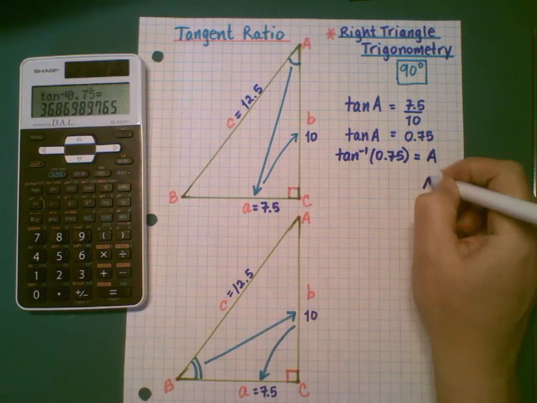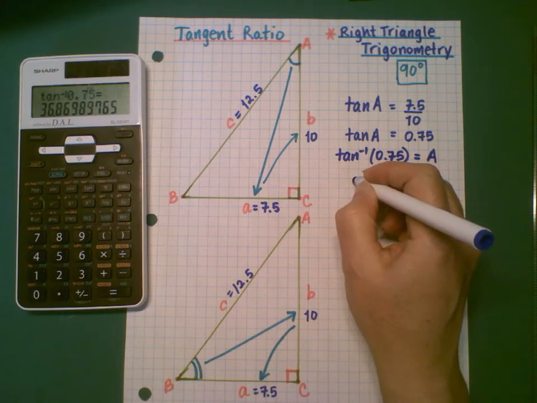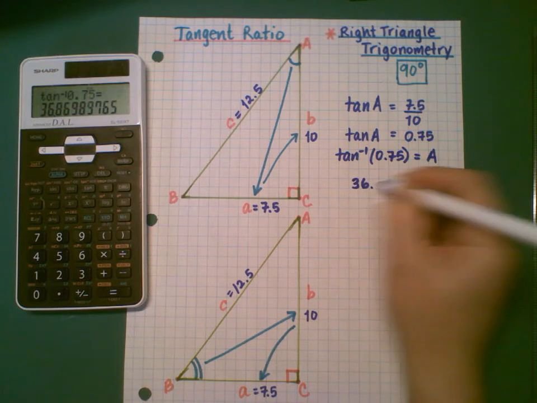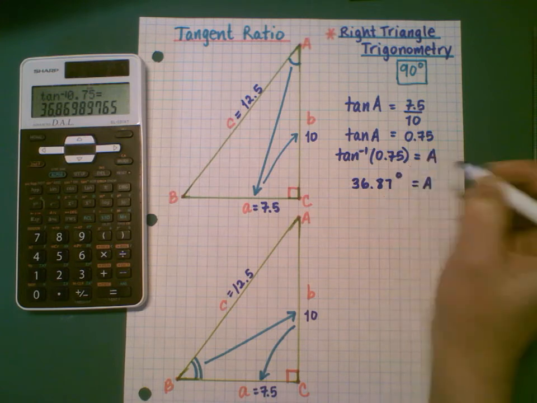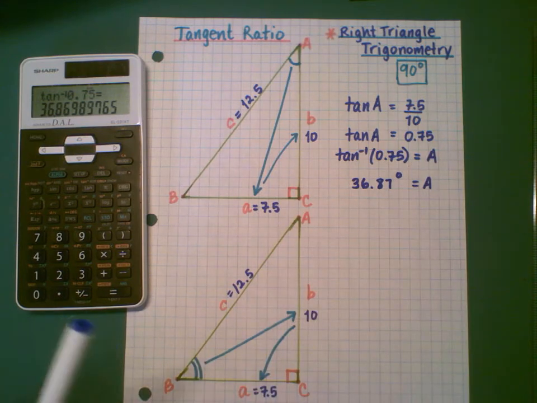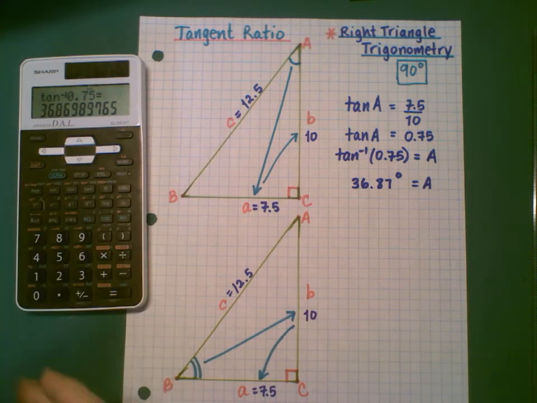And it tells me that angle A is equal to 36.87 degrees. I'm rounding to 2 decimal places.